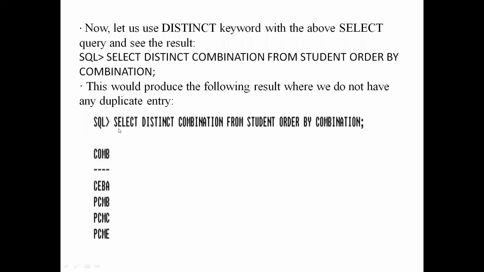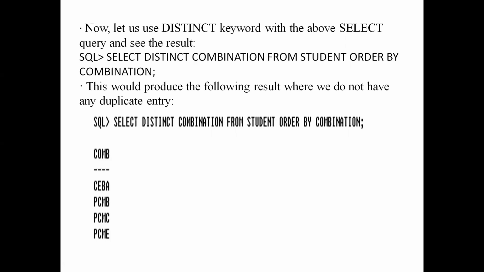The example SQL: select distinct combination from student order by combination, ending with semicolon. If you observe now the output: CEBA, PCMB, PCMC, PCME. It means in the previous output you have seen that if you miss the distinct from this particular statement, you will get 7 combinations listed, 7 rows displayed.